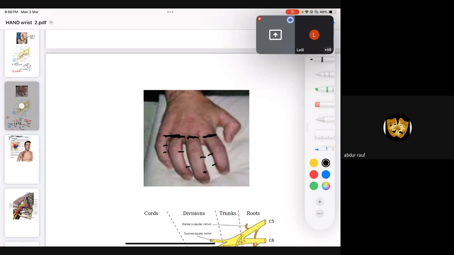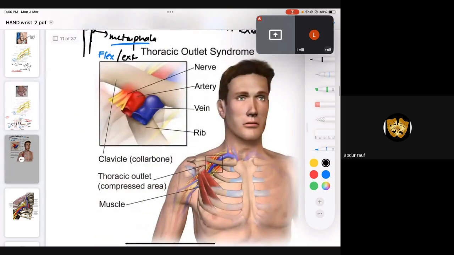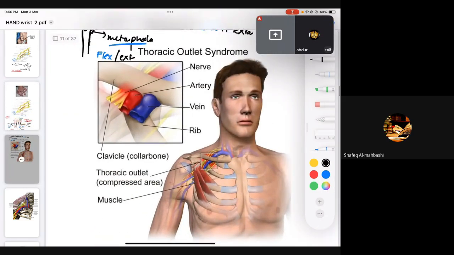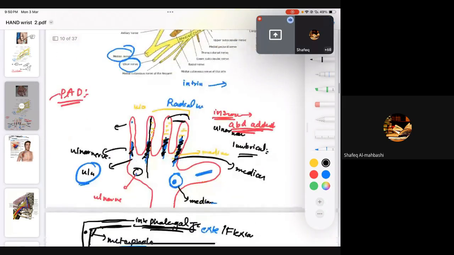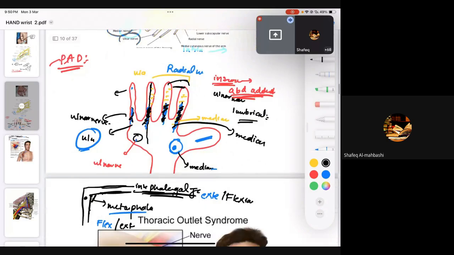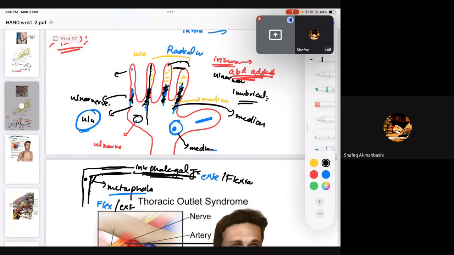So whenever we have a rupture of the lower trunk, it would result in damage or compromise of your ulnar and median nerve, which would result in claw hand. Is that clear? Yes, sir. Normally we discuss that the functions of lumbricals are gone.